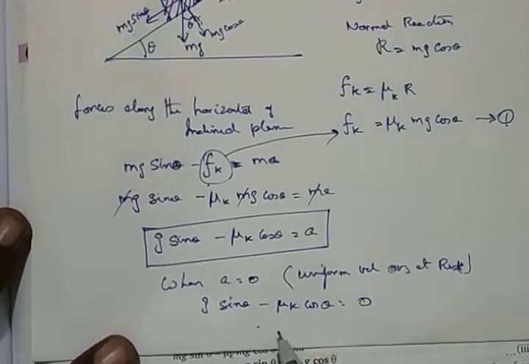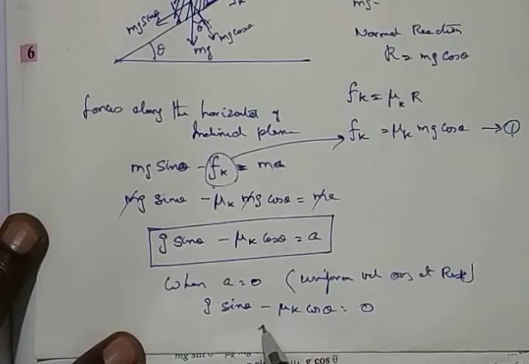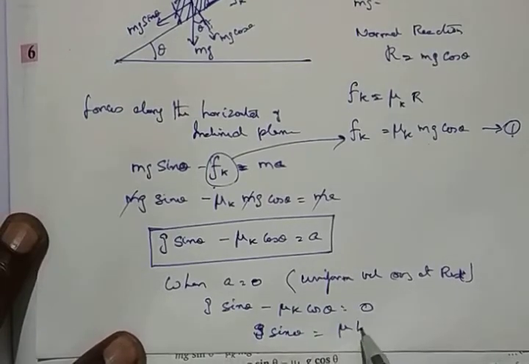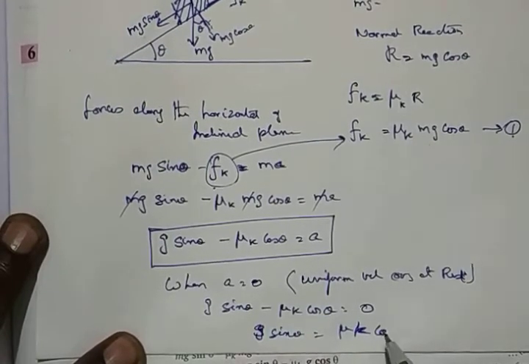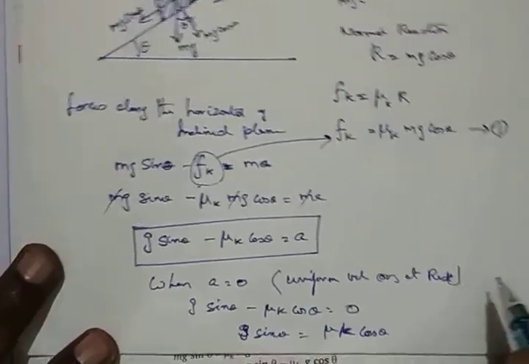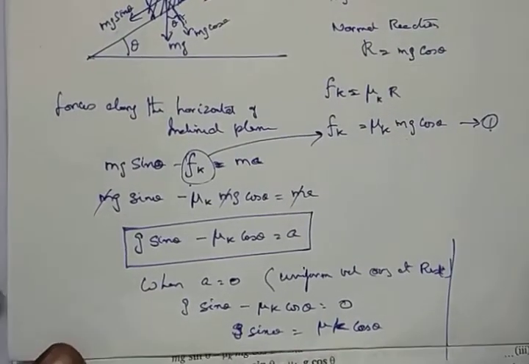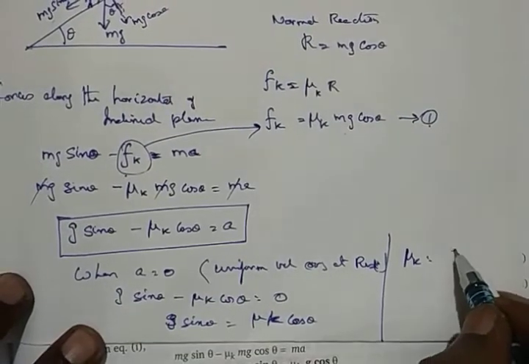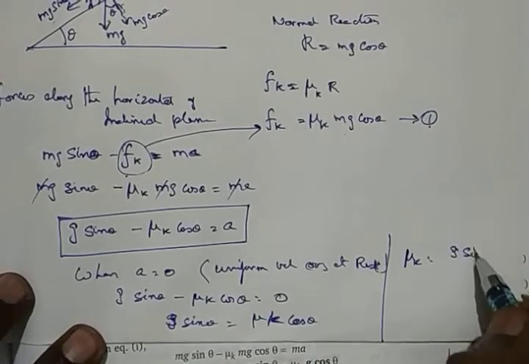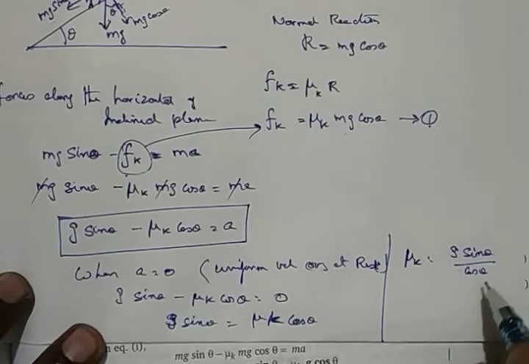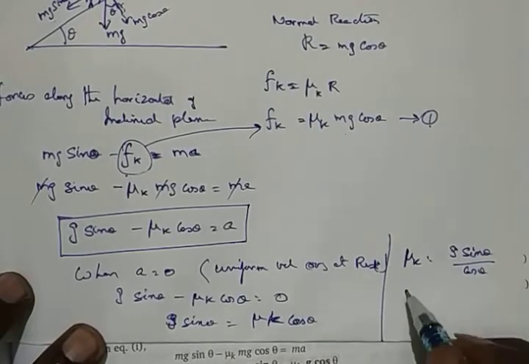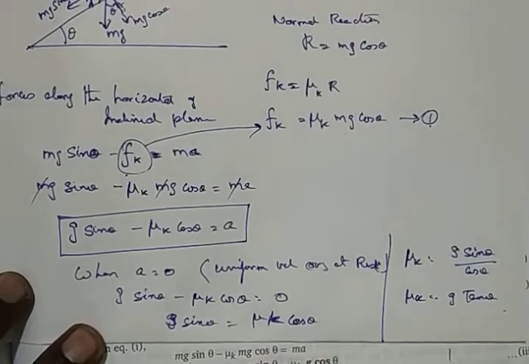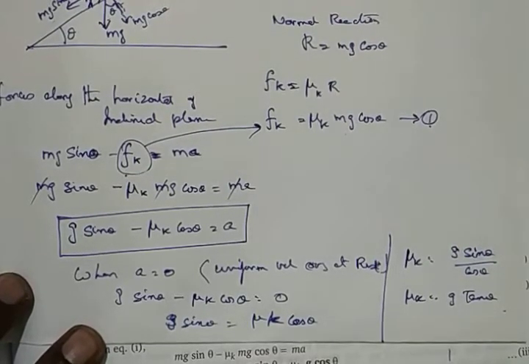What can you write in the next line? g sin theta is equal to mu k g cos theta. So what is mu k equal to? You get the next line: mu k is equal to sin theta upon cos theta, so mu k is equal to tan theta. You will get that as the answer here.